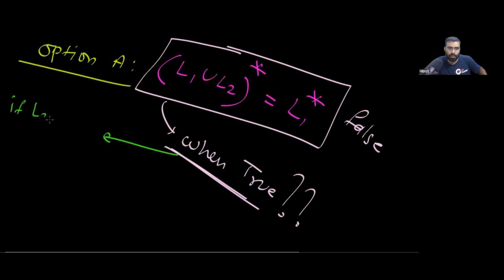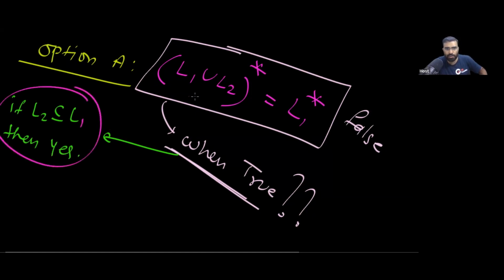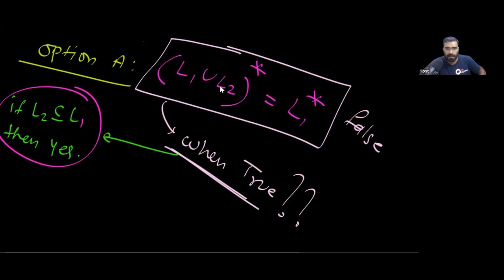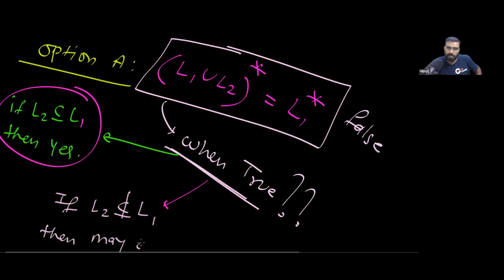If L2 is a subset of L1, then can I say this will be true? Yes, this will be true. But if L2 is not a subset of L1, then this may or may not be true.